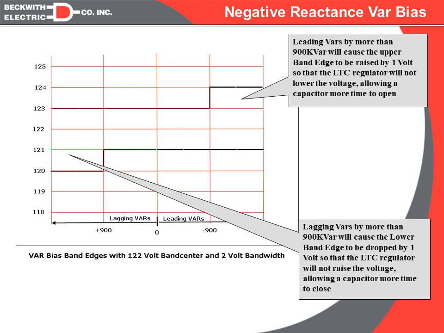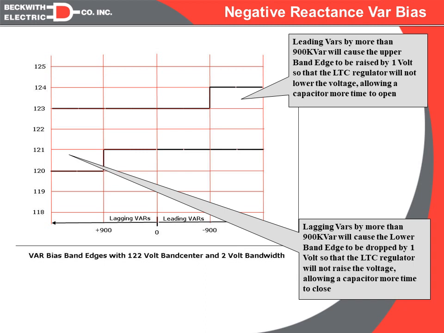Likewise, if we go lagging, then we're going to lower the lower band by 1 volt. So in a lagging power factor, we want capacitor banks to come on, so we want the voltage to be raised by the capacitor bank closing as opposed to taking a tap.